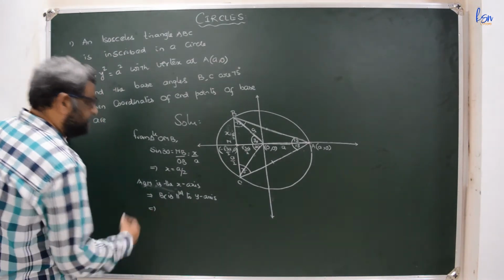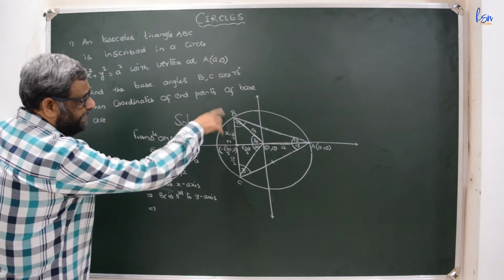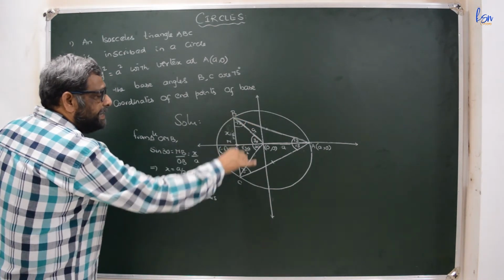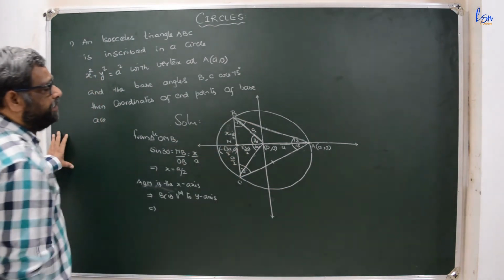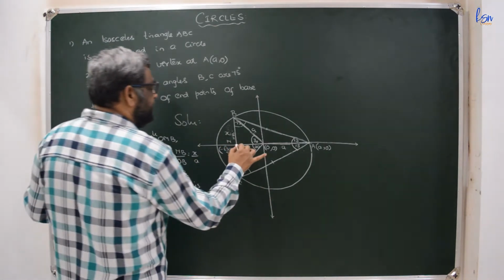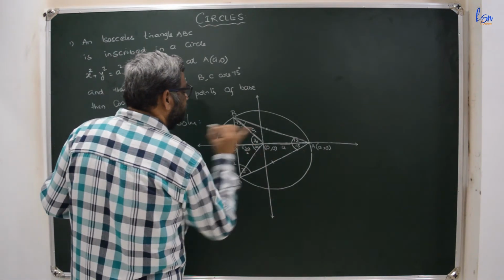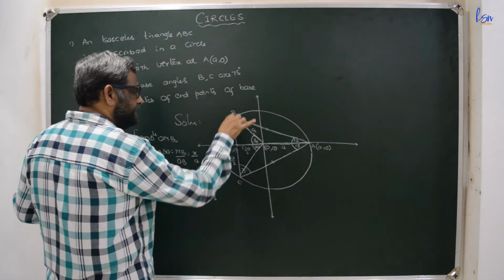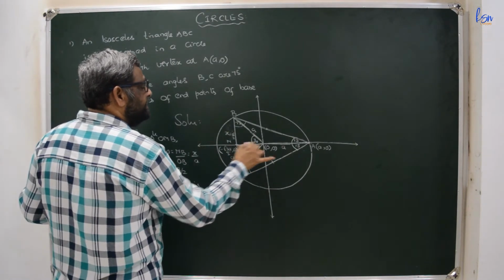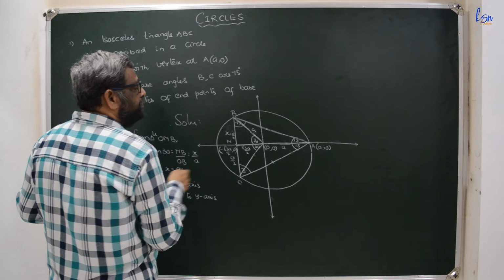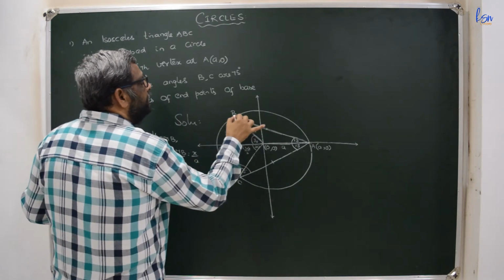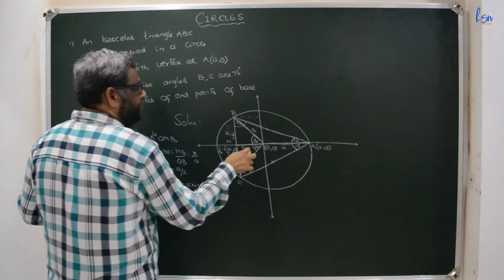It implies that BC being parallel to the y-axis, now this line is x is equal to a by 2, and this distance is minus root 3a by 2. So here this distance is also root 3a by 2 only.